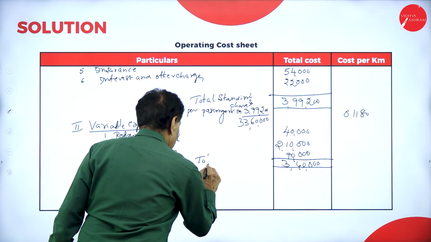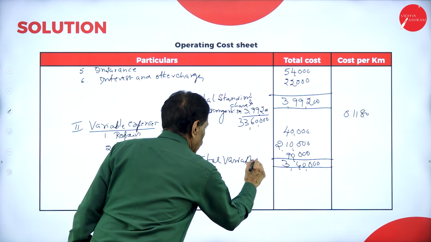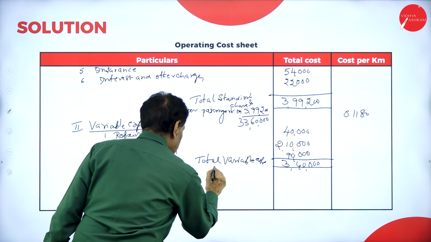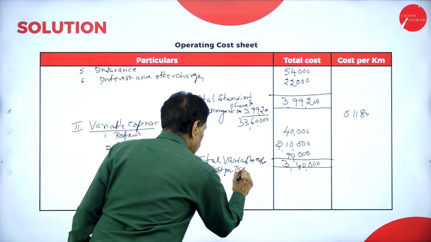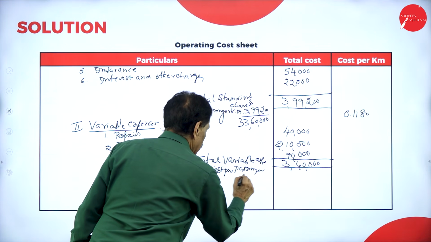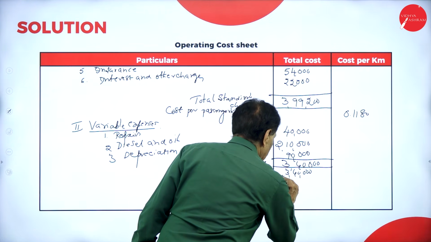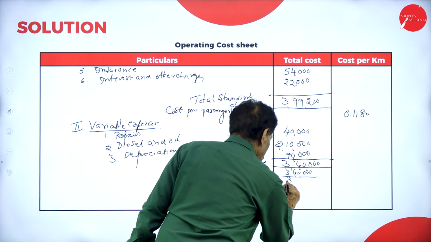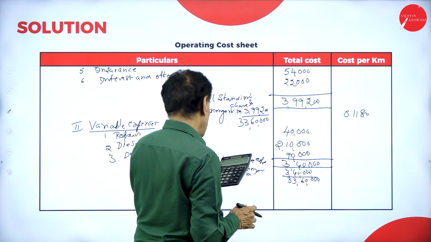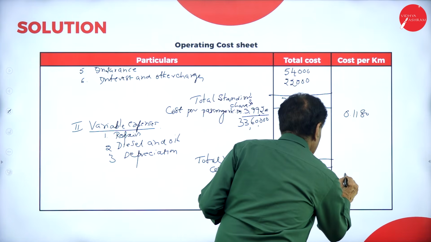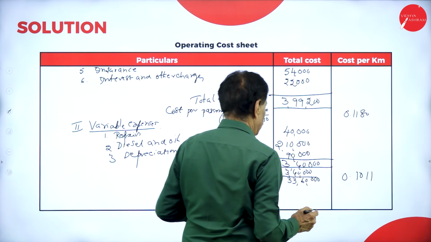Total variable expenses, cost per passenger kilometer: 3 lakh 40,000 divided by 33 lakh 60,000 is 0.1011.